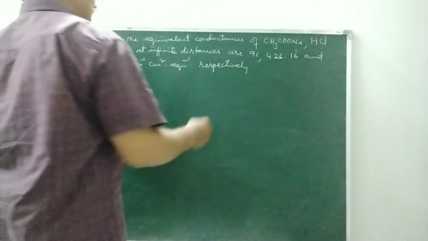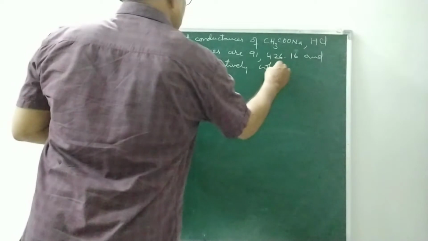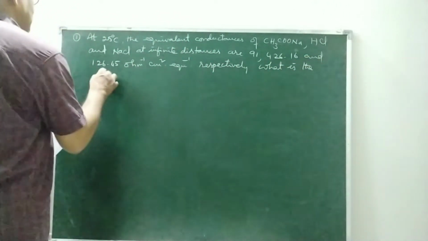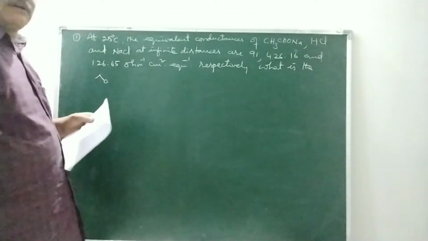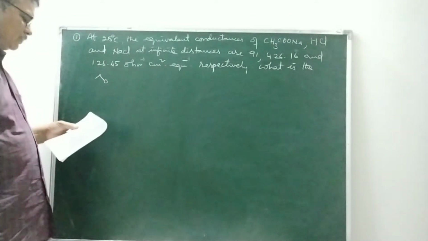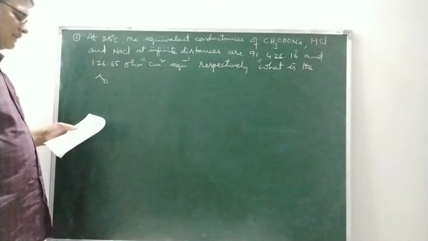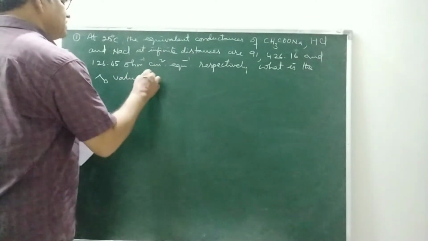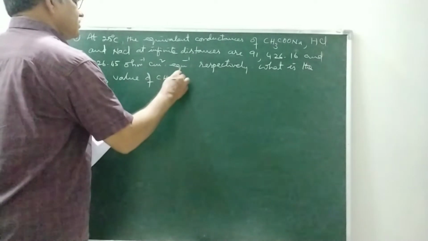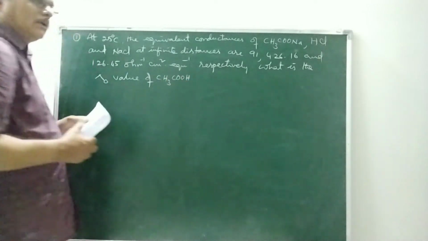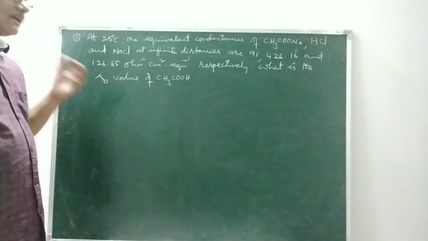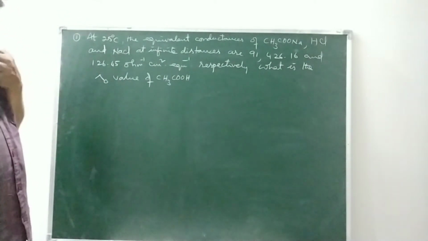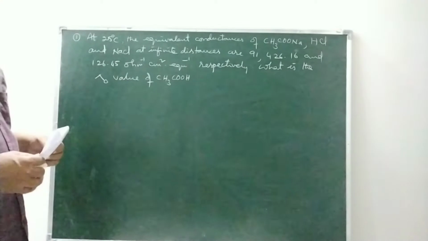What is the lambda naught? That is equivalent conductance at infinite dilution. What is the lambda naught value of CH3COOH? CH3COOH is a weak electrolyte, so by extrapolation technique we cannot determine lambda naught value. So it is determined by using Kohlrausch law.